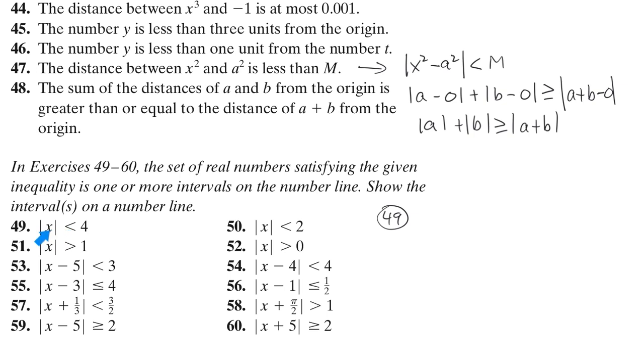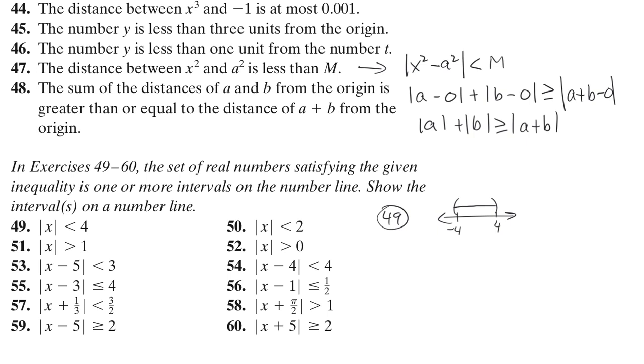So the absolute value of some number needs to be smaller than 4. Well, that means we have between 4 and negative 4, and it's parentheses. It's not including those points. It's all of those points in between 4 and negative 4 are going to work in there.